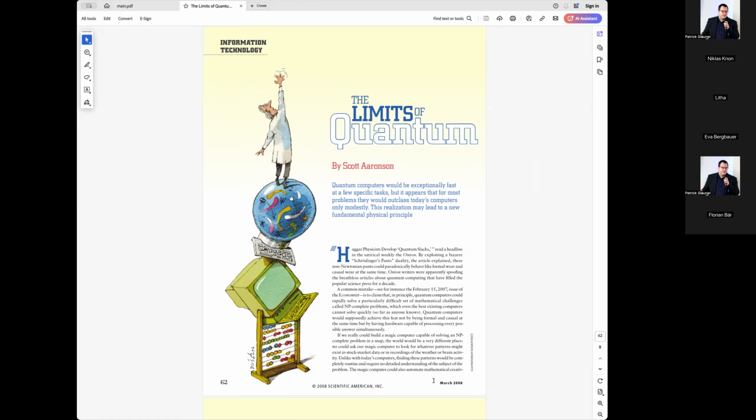This essay is from 2008, so it's been 16 and a half years since then, but it's all about theory, so this doesn't change. The theory is settled. Obviously, in that time, there were no quantum computers really available yet. This has changed over the last 16 years, but the theory stays exactly the same.